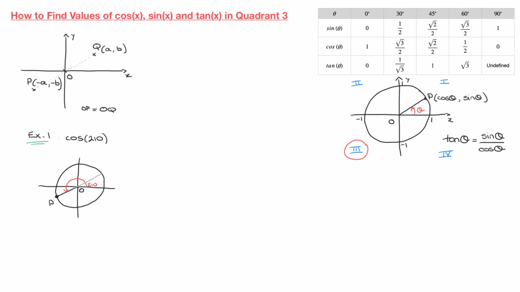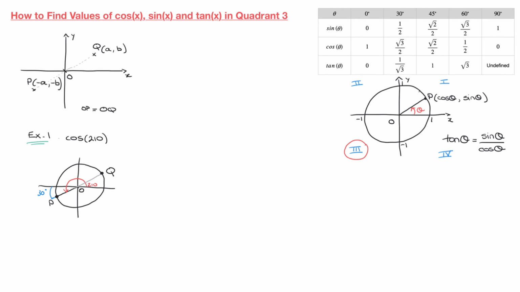And the point at which it touches the circumference, well, I'll call that point Q. All right, now the whole idea here is for us to compare the coordinates of this point Q, which is on the circumference of the unit circle, to the coordinates of our point P, which is also on the unit circle. And to do that, I like to focus on the angle that we were dealing with, so in this case that's 210 degrees. And notice that that's 30 degrees more than 180, so that angle there is 30 degrees. But hopefully you can appreciate that if this angle is 30 degrees, then so must this angle be.